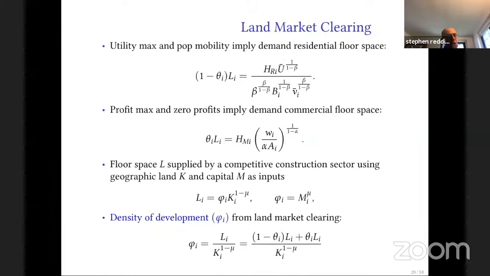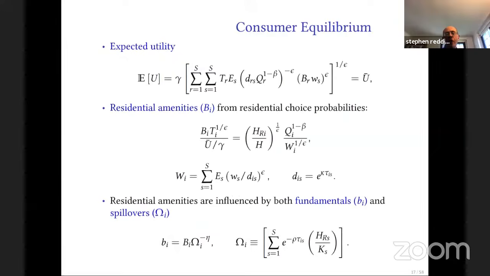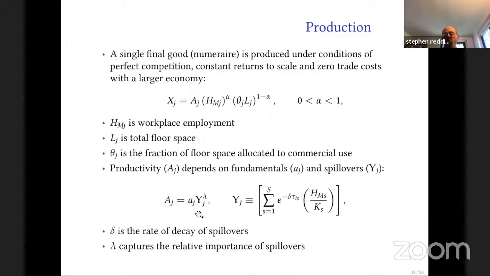The way to think about this is there's a common structure in a lot of quantitative urban models: the exogenous differences in amenities across locations, little b here, are what's called a structural residual. They're allowing the model to exactly fit workers' observed residential decisions. Similarly, the production fundamentals, little a here, are a structural residual.